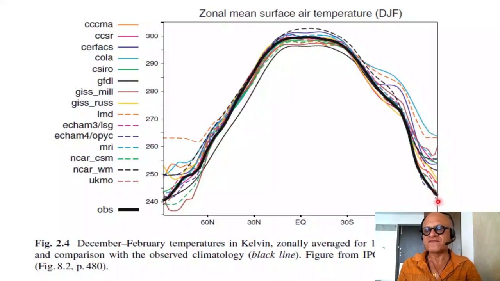So the observed temperatures are estimated at under 250 Kelvin, maybe around 245 Kelvin, but some model like this one from Kola is at 265 Kelvin. So that's a massive difference, and the differences among models is also quite large. So in general, there are reasons why the southern hemisphere is more difficult for models than the northern hemisphere, because a lot of the parameterizations that are done often are based on northern hemisphere data.